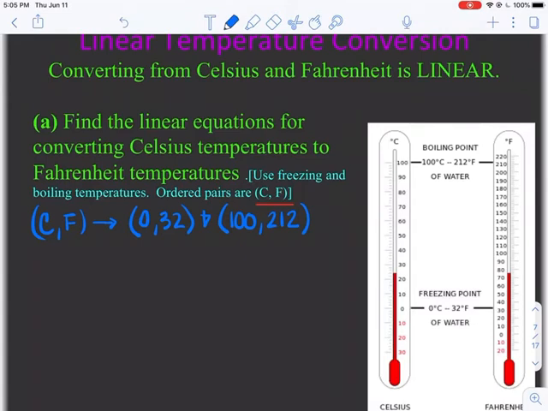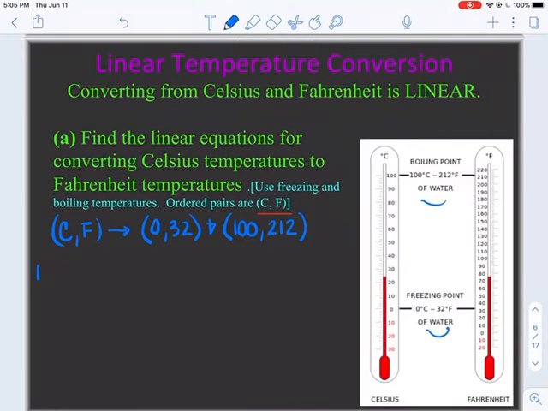You see over here where you have the scale, just picking up the ordered pair here and here for that. So we start off when we get at the slope. So we have slope. We want to write an equation. So the equation I'm looking for, I'm just going to say very quickly, is this then going to be the Fahrenheit is equal to the slope times the Celsius plus b.